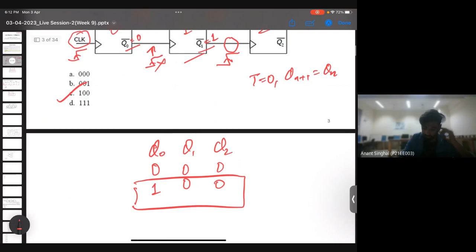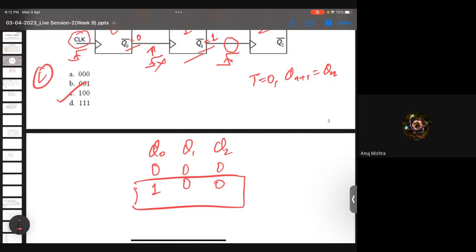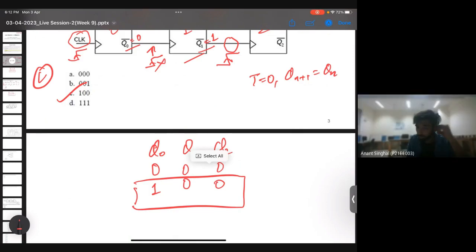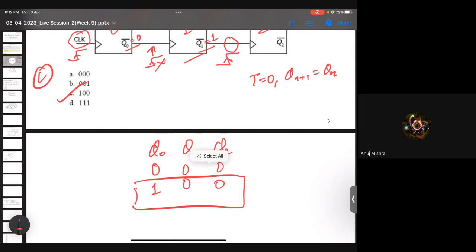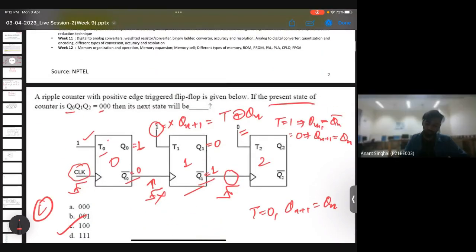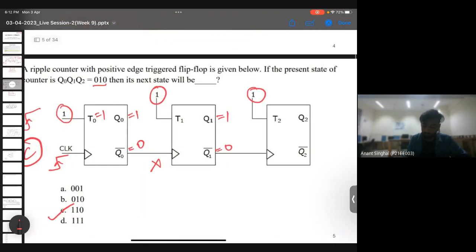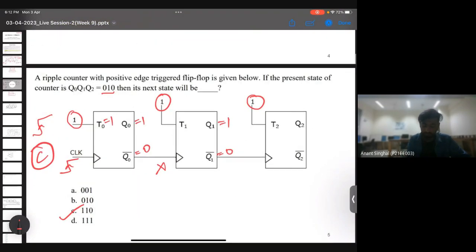Sir, could you please explain what was really asked in the question? Sure. It says it is a counter working on the positive edge trigger. At every positive edge, this flip flop will work.